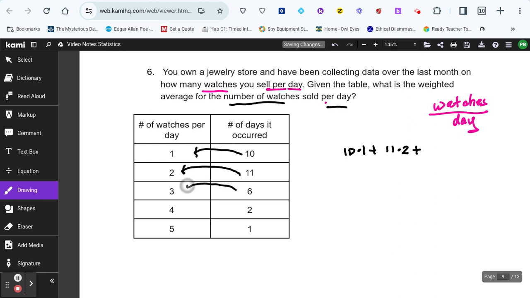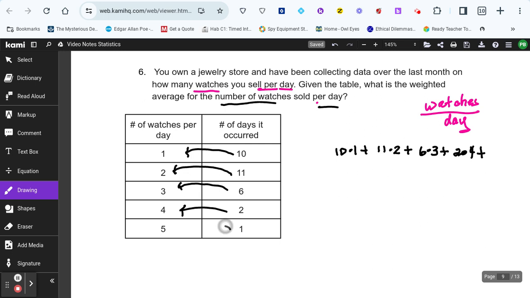For 6 days, 3 watches were sold. So 3 is going to appear 6 times. For 2 days, 4 watches were sold. So that 4 is going to appear 2 times. And then only 1 day were 5 watches sold.